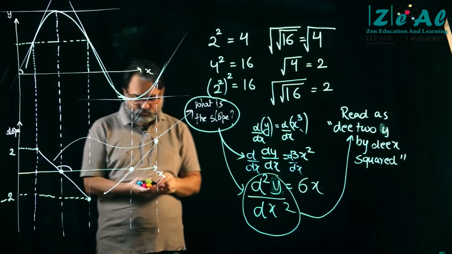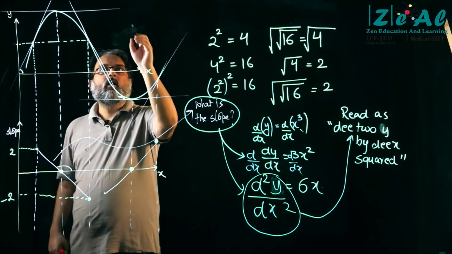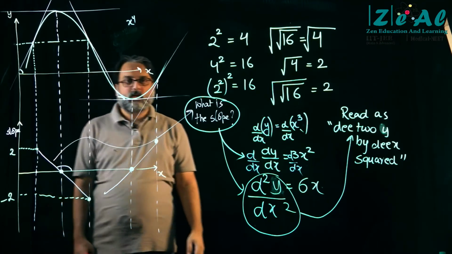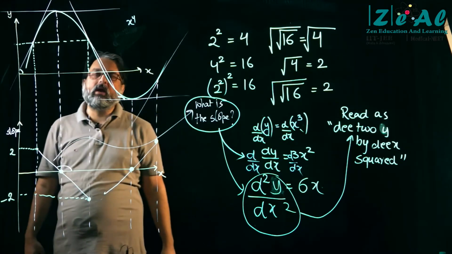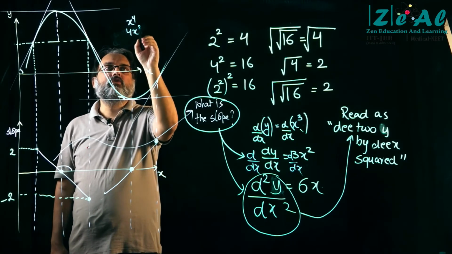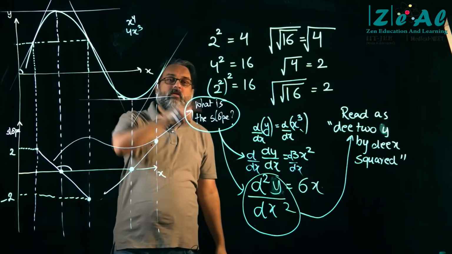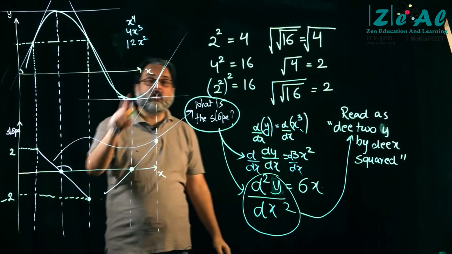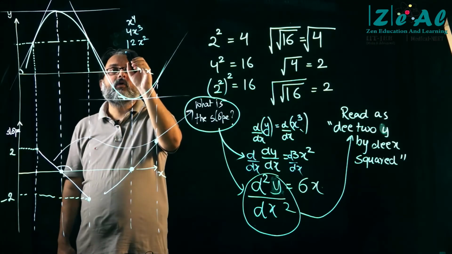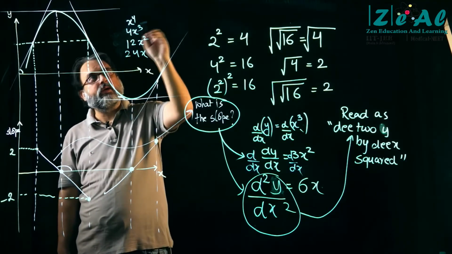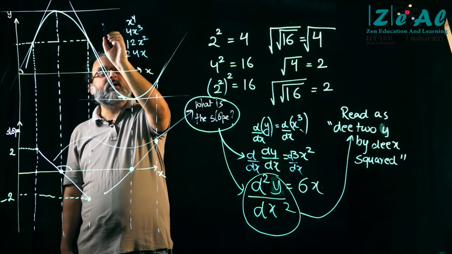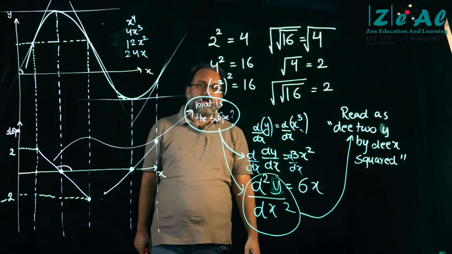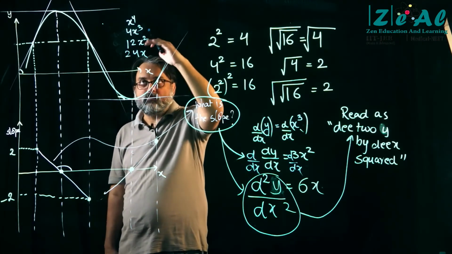I mean, look, I don't know, x power 4, ठीक है, इसको एक बार डिफरेंशिएट करेंगे तो क्या आएगा? 4x क्यूब. 4x क्यूब को डिफरेंशिएट करेंगे तो क्या आएगा? 12x स्क्वायर. 12x स्क्वायर को डिफरेंशिएट करेंगे तो क्या आएगा? 24x, right? So what am I doing here? I am continuously applying d by dx operator on everything, right? I am continuously applying d by dx operator on the same function.